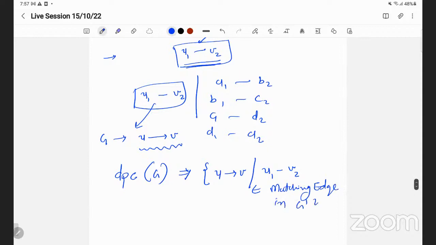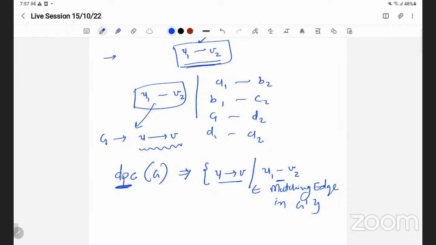So I'll take the edges in the maximum matching of graph G prime which are of the type U1 to V2, and I will consider the directed edge from U to V in the original graph, and I will add it in the disjoint path cover of G, right? So I don't know what the actual path is, but I'm just adding this edge, and I'm saying that this edge will be part of one of the paths of this directed path cover, right?